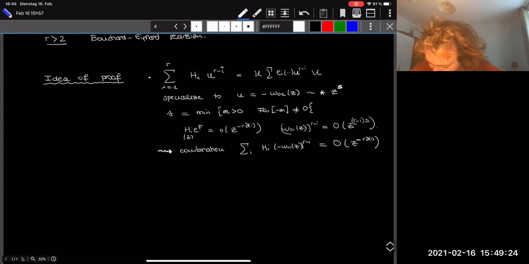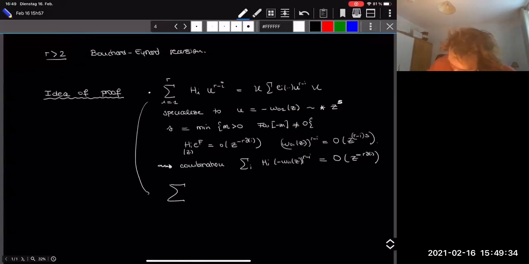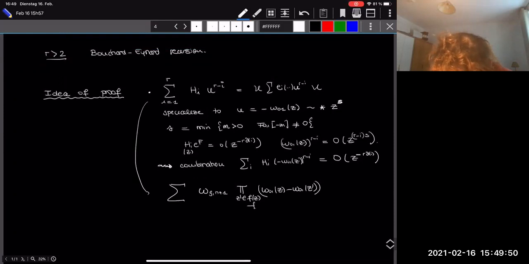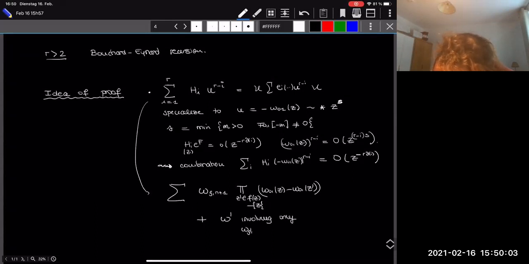So if I set u to some variable, it's like shifting j by something. So this is also equal to some omega g n plus 1, and here the product over all differences of this type for all elements in the fiber except z, plus something involving only omega j prime and prime, which are smaller. And you know that this is controlled.